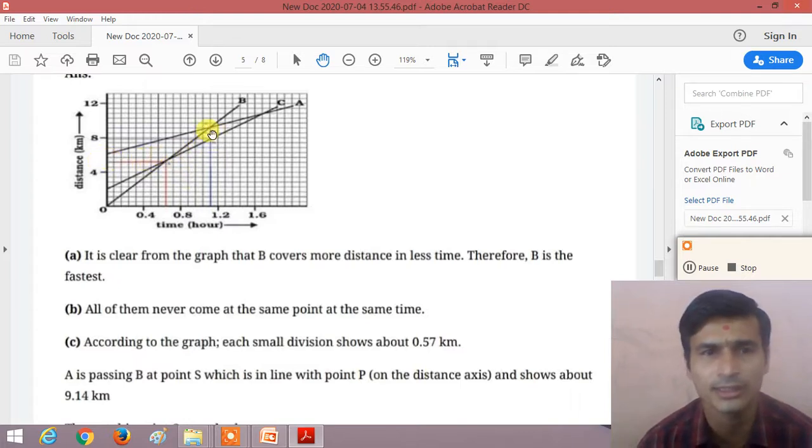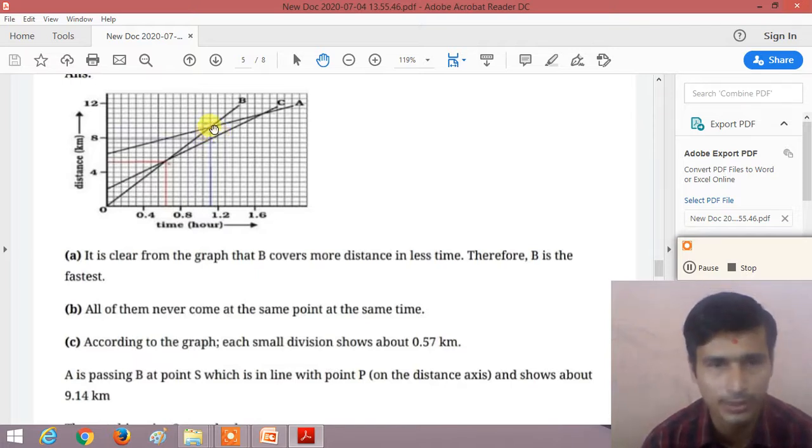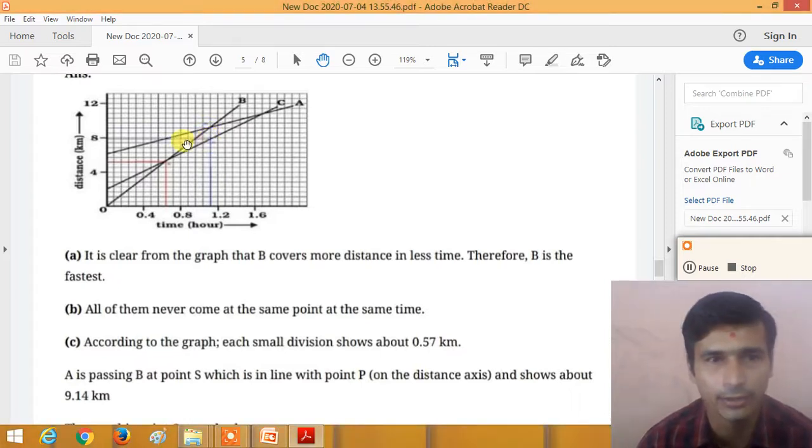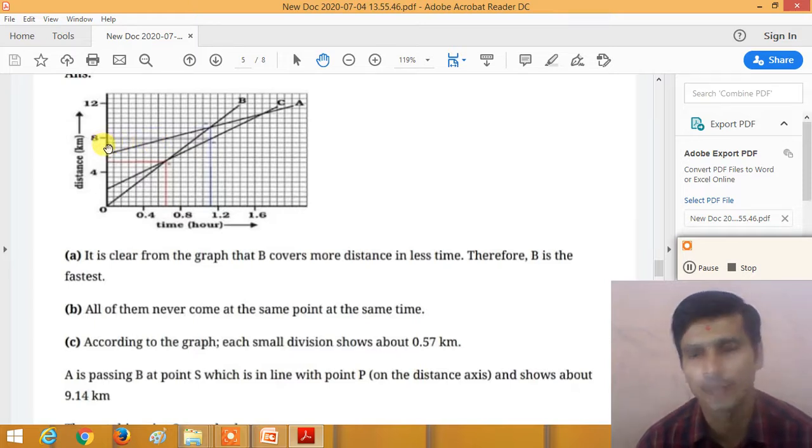See here from the graph, when B passes A, B and A meet at this point. From this point, if we take a line further, it will intersect at this point. If we extend this line on the horizontal, it will be at 7 kilometer, right?